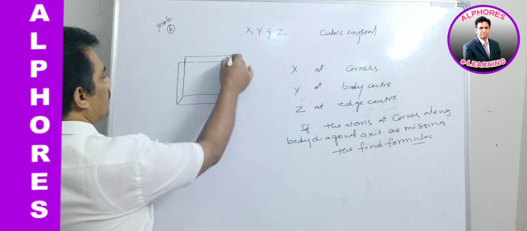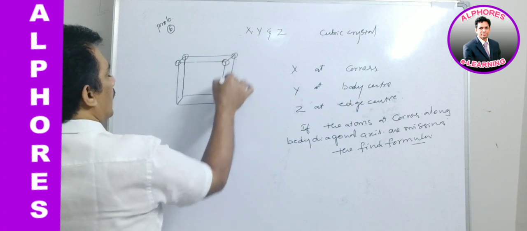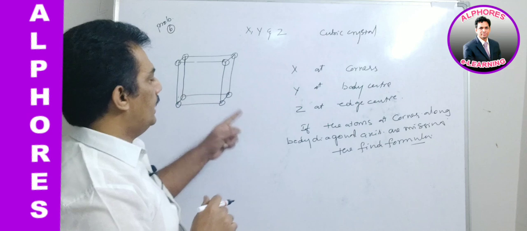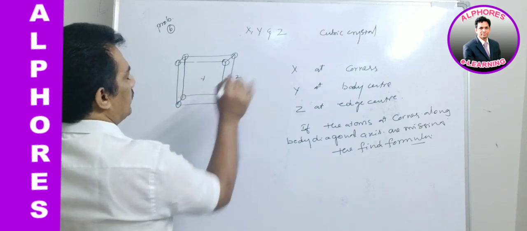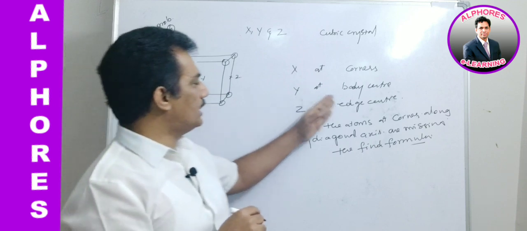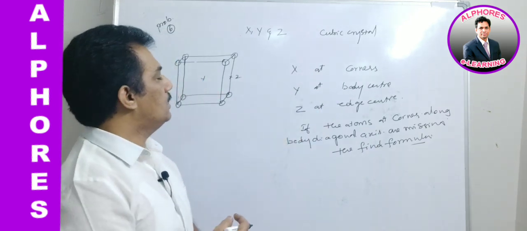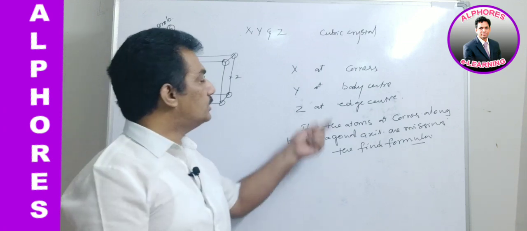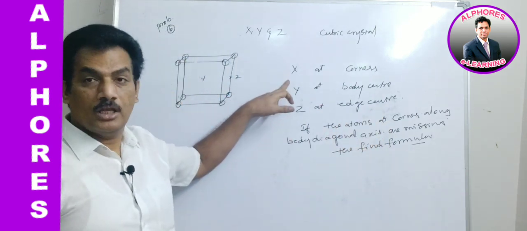Cubic unit cell. Here at these corners X atoms are there, and at body center Y is there, and at edge center Z is there. Okay, we need not worry about Y and Z, because Y is at body center and Z is at edge center. Directly we can count because they are not missing. Clear? But X is missing. How many X?